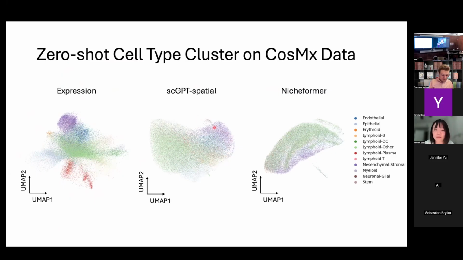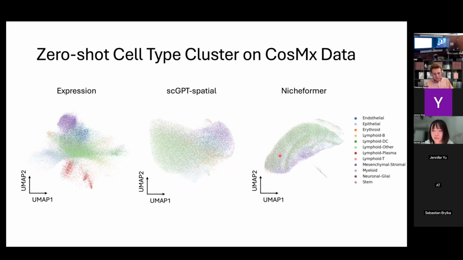However, comparing the scGPT spatial result to the Nicheformer result, I can see that scGPT spatial is slightly better, because the mesenchymal stroma cells, the endothelial cells, the lymphoid cells and the epithelial cells are somewhat clustered together.